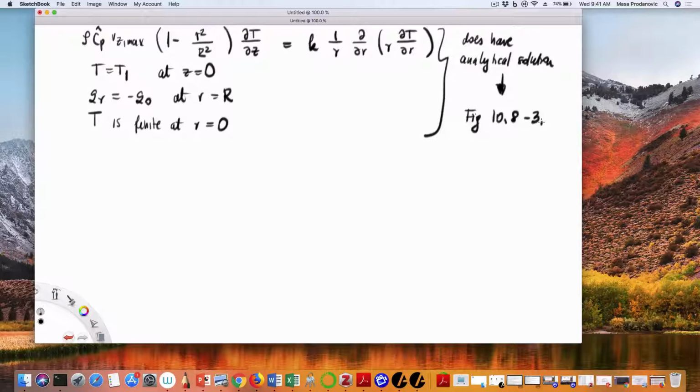So one key thing, other than the mechanics of solving these things, is that when you're given an equation, you should be able to recognize where the different terms are coming from. Which one is convective transport, which one is molecular transport, which direction.